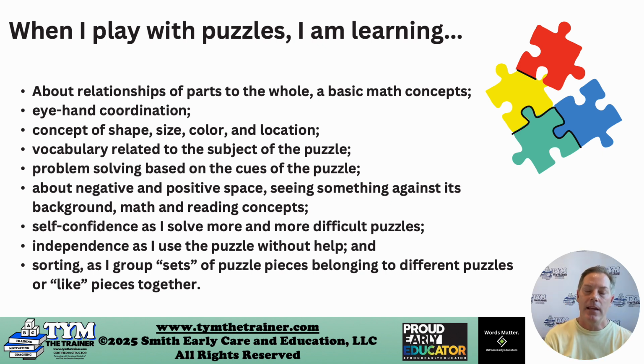So that way, if they do get mixed together, you turn the puzzle pieces upside down and you've got a whole new different sorting activity right there, putting together those like pieces.